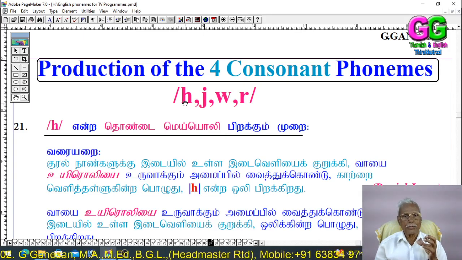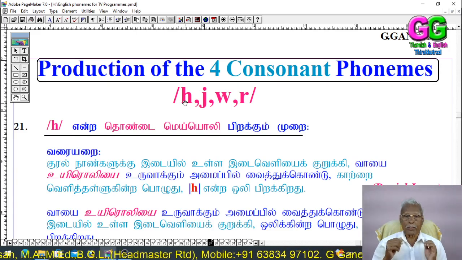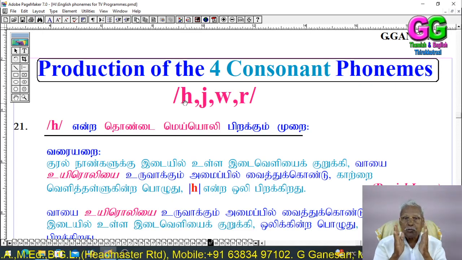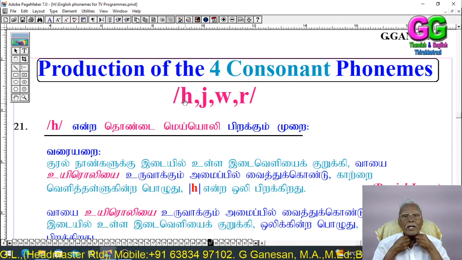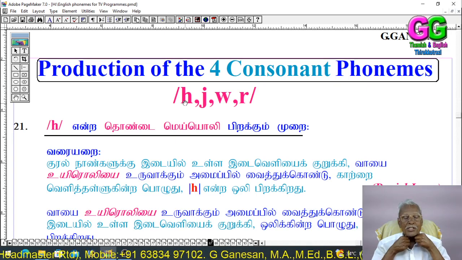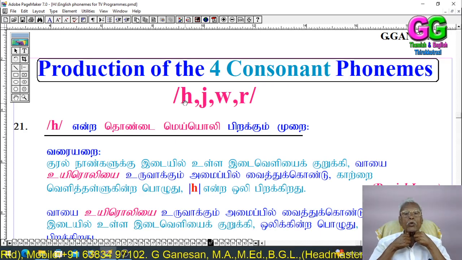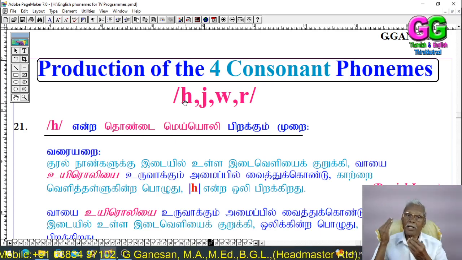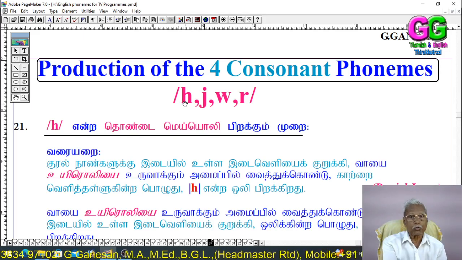Ich is produced by keeping the mouth in the position of a vowel and narrowing the vocal cords in the glottis, and allowing the air pushed out by the vocal cords to come out through the mouth.